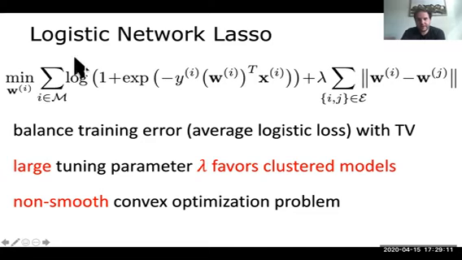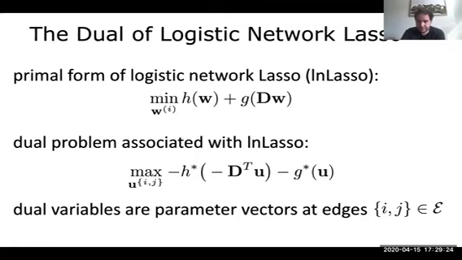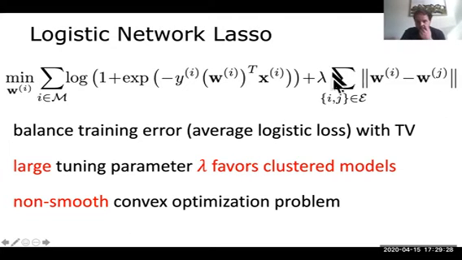The first component is this empirical error term, which is a continuous, smooth convex function, which we could minimize easily using gradient descent or a Newton method. And the second term is the non-smooth total variation component.